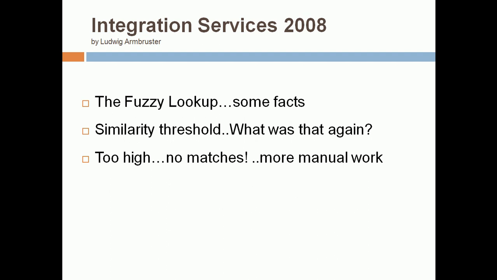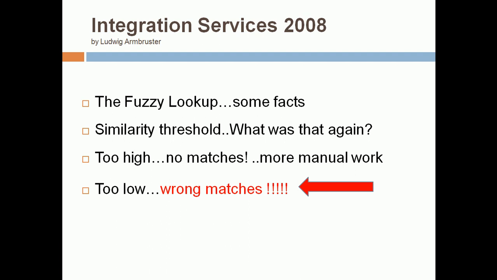...which you actually want to avoid with building a package for that purpose. Now if you set the similarity threshold too low, then you might end up assigning incoming records to wrong reference records, and that is a problem too. It might be even the bigger problem.